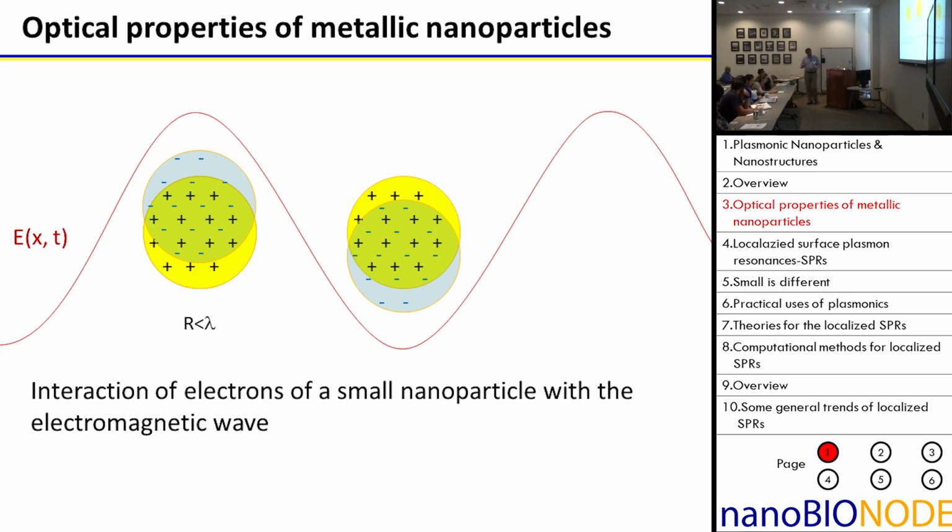And all of this is because of the interaction of electrons in the small nanoparticles, when they are much smaller than wavelengths of light, with the electromagnetic wave of light.